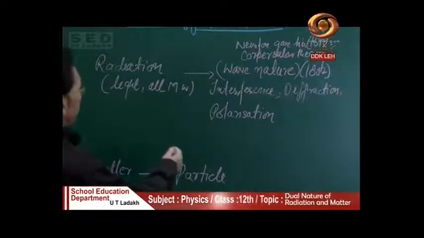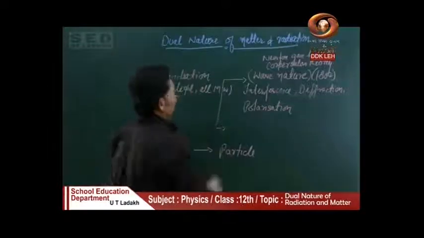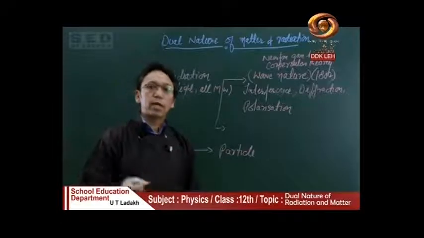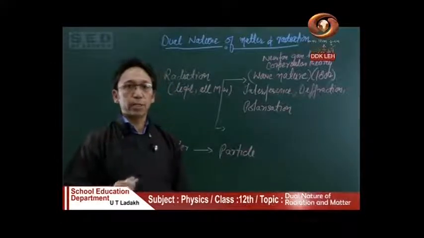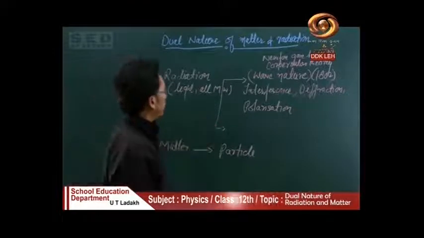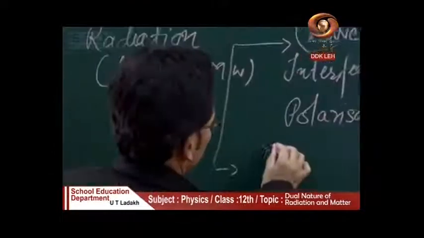Now, in the end of 19th century, or we can say in the beginning of 20th century, it came to be known that radiation has another nature, that is particle nature.